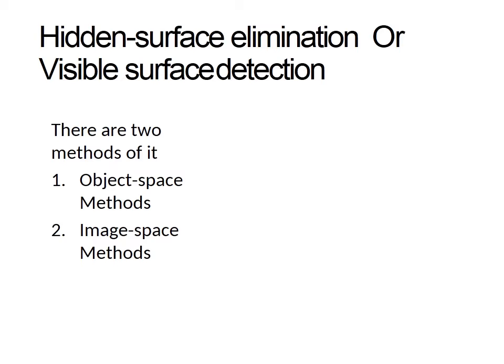In computer generation, no such automatic elimination takes place when objects are projected onto the screen coordinate system. Instead, all parts of every object, including many parts that should be invisible, are displayed. So there are two methods for doing such elimination: object space methods and image space methods.